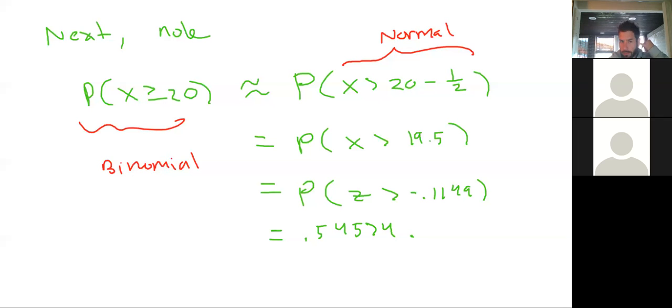Now let's give you a hint for the last two because they're exactly the same way of doing it, but you have to set them up properly. So for the fourth one, how do you interpret it correctly? Well, here n is 50 because that's how many questions are on the test.